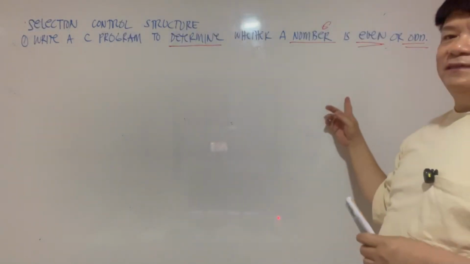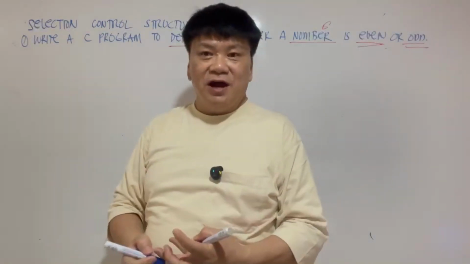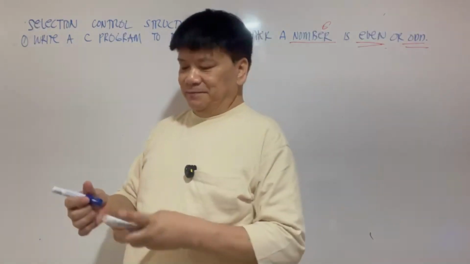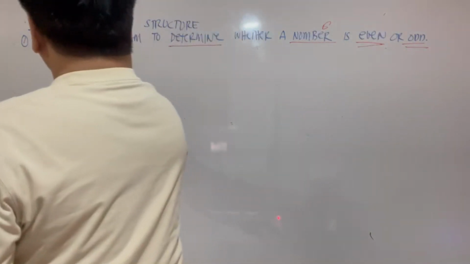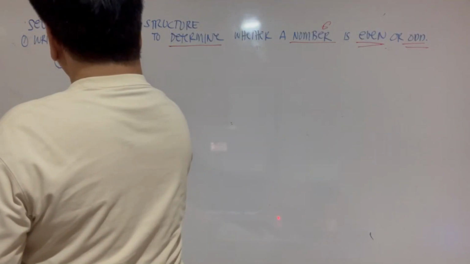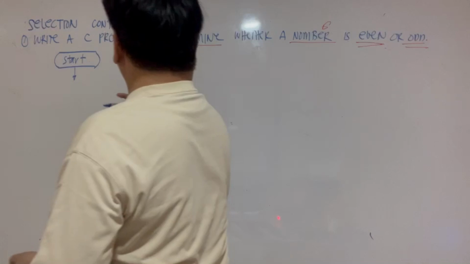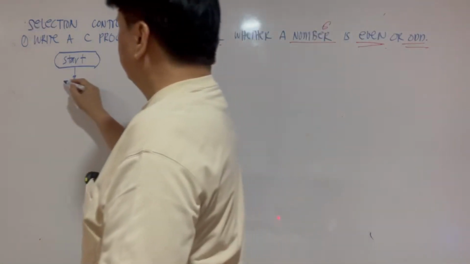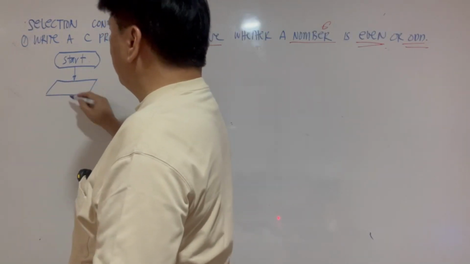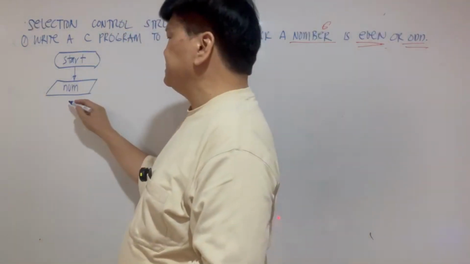So how do we determine that? Let's find out. Let us create a flowchart to visualize the logical solution for this problem. Again, we start with this oval, Start, followed by the input. Let's make use of the variable num for our input.